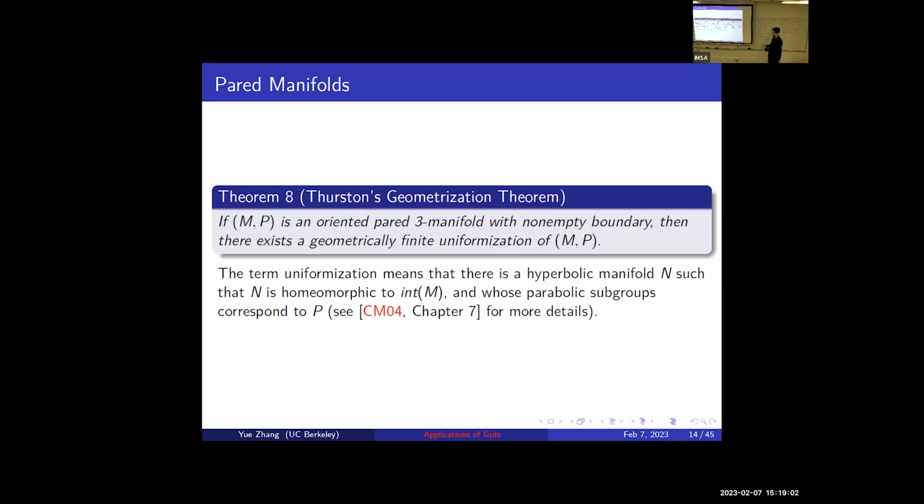The term uniformization means that there is a hyperbolic manifold N such that N is homeomorphic to the interior of M, and its parabolic subgroups correspond to P. It's just classic hyperbolic geometry, so I'll skip it. It seems complicated, but it's not very related to what we do, just some background.